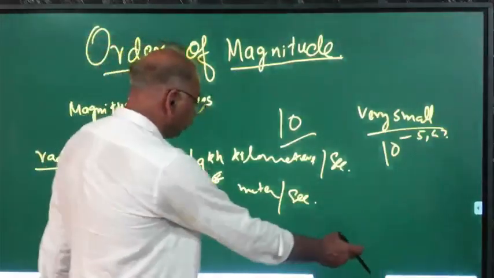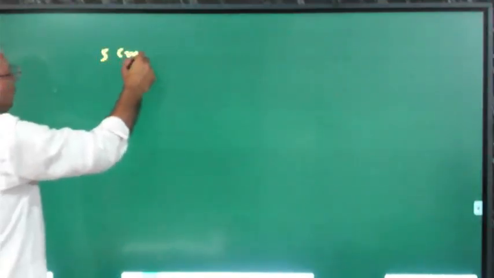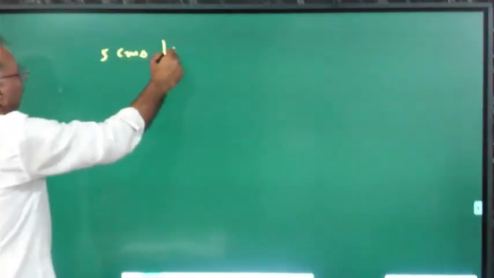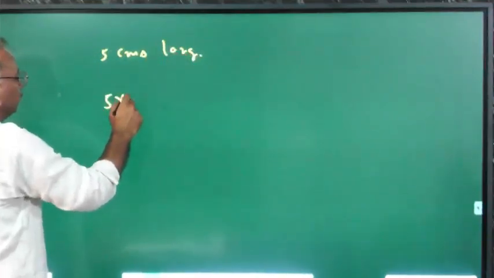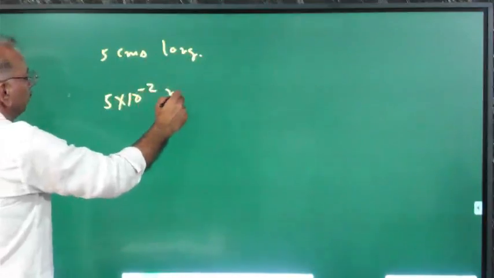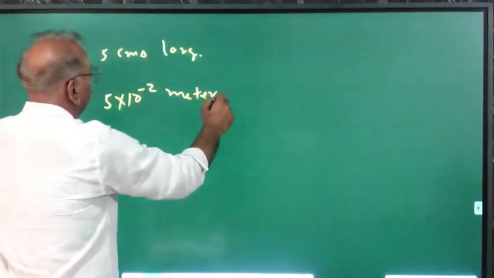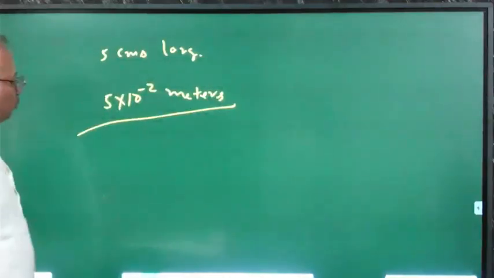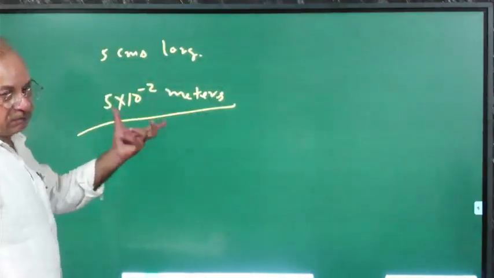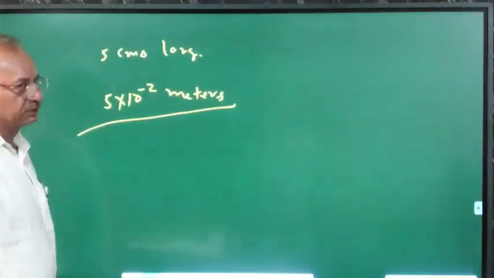Suppose we want to say that I have a pen which is 5 centimeters long. I can say that it is 5 into 10 to the power minus 2 meters. In this way, it is easy to express things in one single unit.